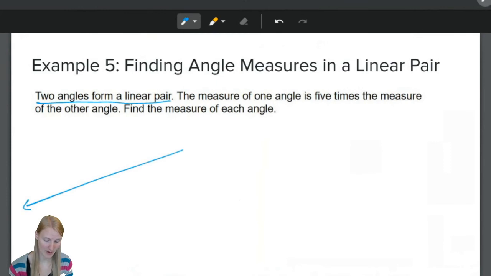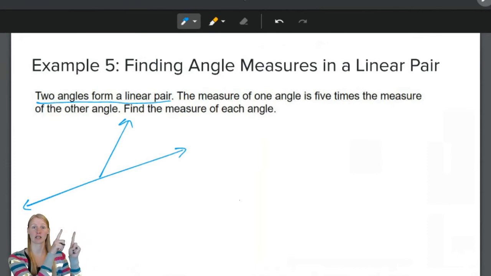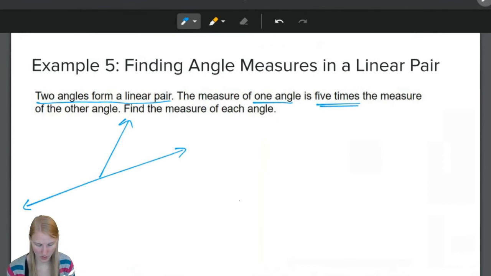That means they form a line. And, they look something like that. This is what a linear pair looks like. So I'm just drawing a generic diagram of two angles that form a linear pair. The measure of one angle is 5 times the measure of the other angle. Find the measure of each angle.